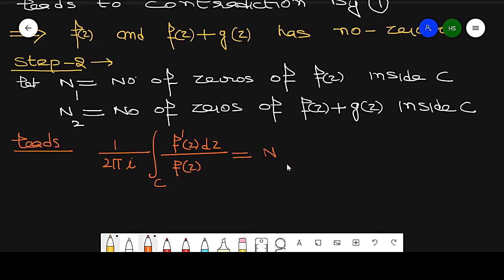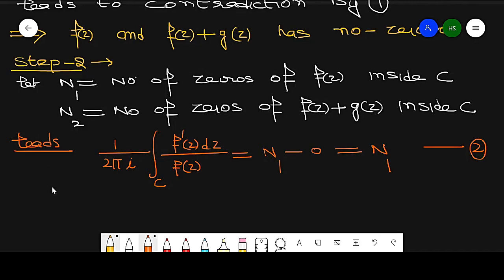So this is n1 minus the number of poles, which is 0. So this value is equal to n1. So this is written as equation number 2. So this is from the first part, from n1.